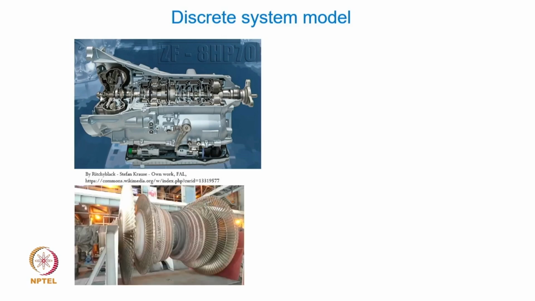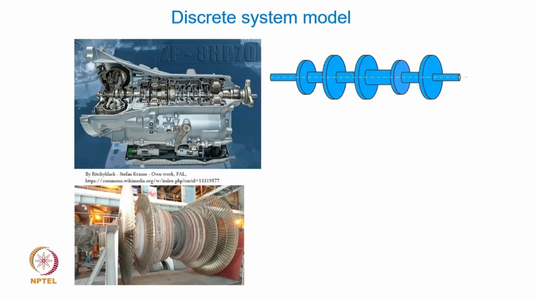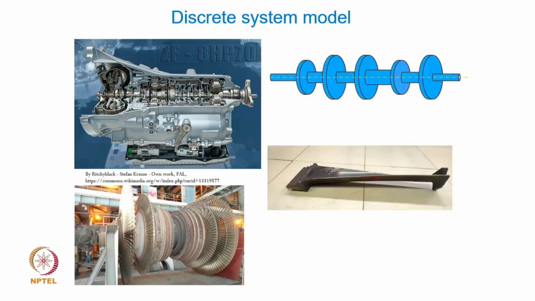The other example is of typical steam turbine blades. These blades are arranged on the periphery of a disc, and those discs hold several of these turbine blades. One example of such a turbine blade is shown here, which pertains to one of the steam turbines.